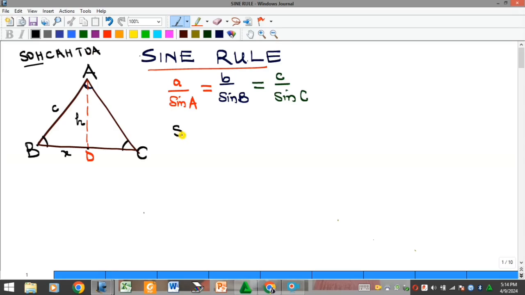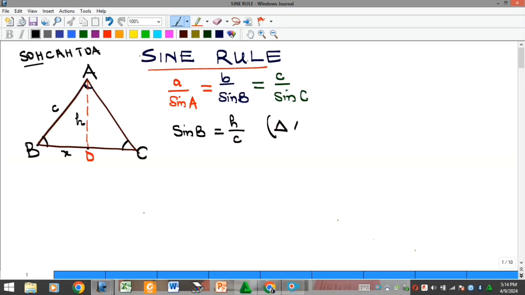So if I write the sine of B, with respect to triangle ABD, the sine of angle B will be equal to the opposite, which is h, all over the hypotenuse, in this case c.